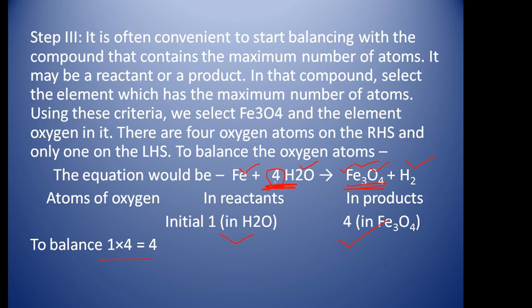Here it is the reactant side. You may have to put the number in the product side also. You put that number with which you can multiply the whole molecular formula, and these two will become equal. Okay, understood?